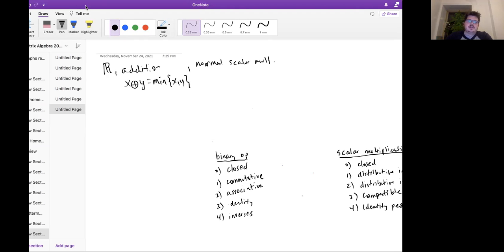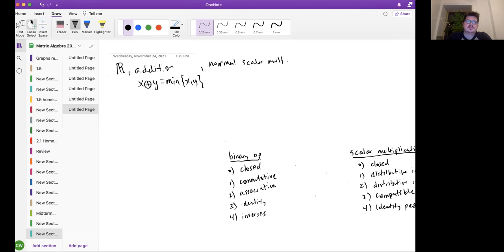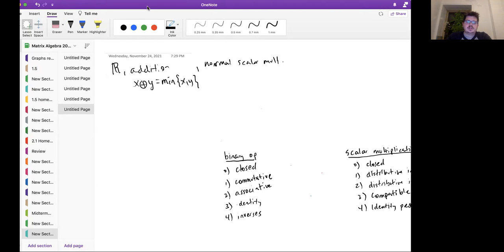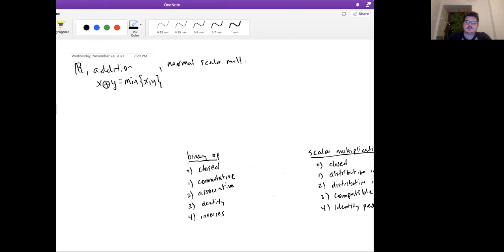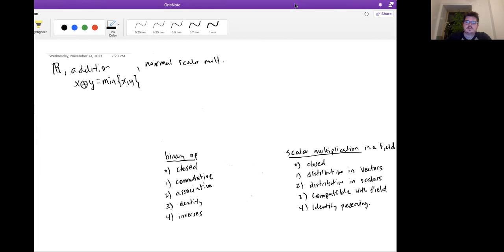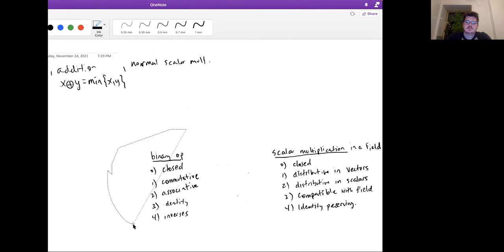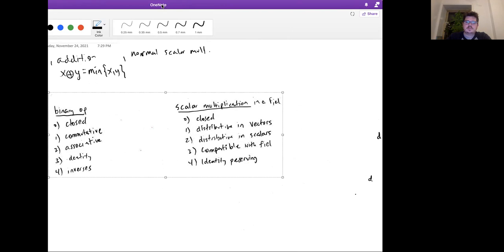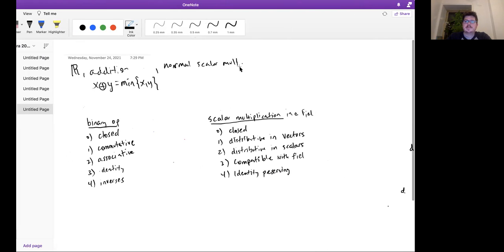Can anyone see if an axiom fails? Does anyone have an idea of which might fail, or should we just go through all of them?